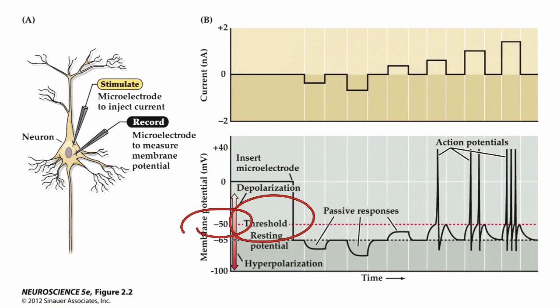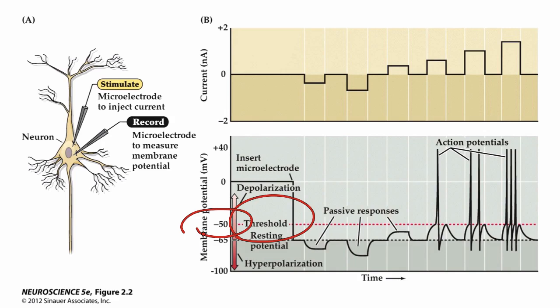So minus 50 millivolts is what we'll call our threshold, and this generation of an action potential beyond threshold is indicative of the all or none nature of the action potential. And we say this because it either occurs or it doesn't. And if it occurs, we see it at full amplitude.